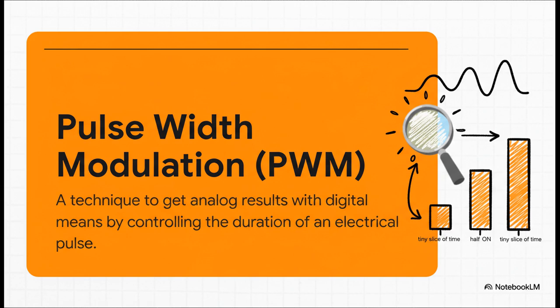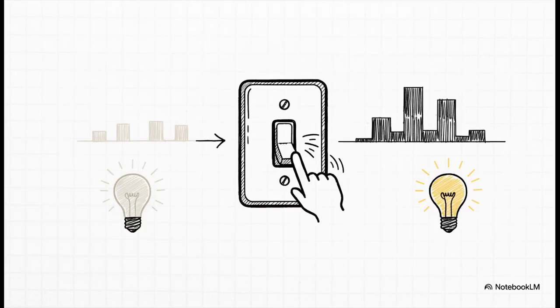The magic, the real secret sauce, is in controlling how long the signal stays on versus how long it stays off. Just imagine you're standing at a light switch, but instead of a dimmer dial, all you have is the switch. If you flick it on for just a tiny blip and then off for a while, the light's going to look dim, right? But if you leave it on for longer and flick it off for just a moment, it's going to look bright. That's PWM in a nutshell.